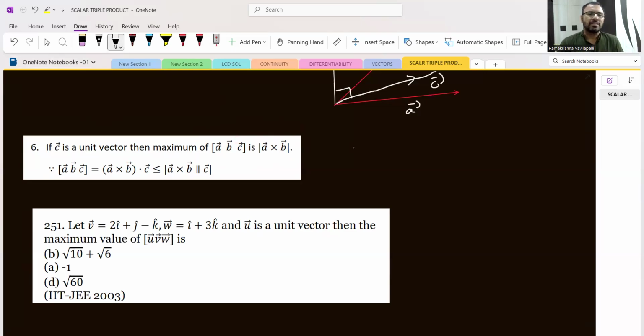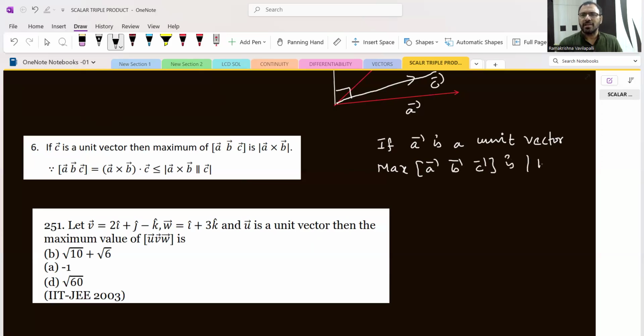Similarly, if A bar is a unit vector, the maximum of box ABC is the modulus of the cross product of the remaining vectors.